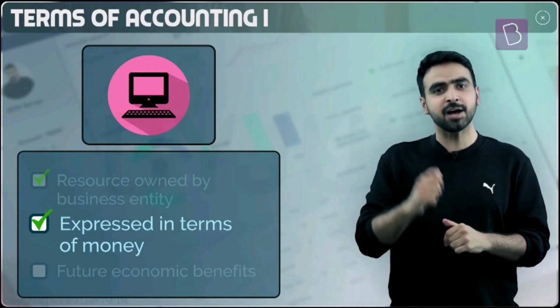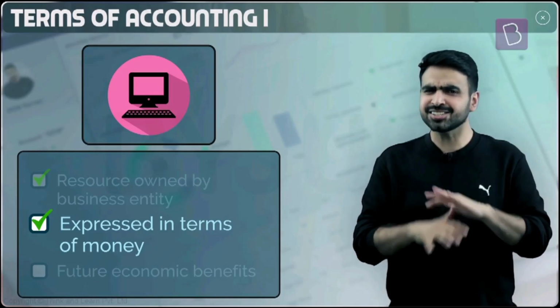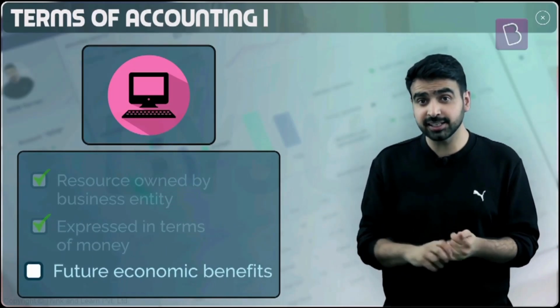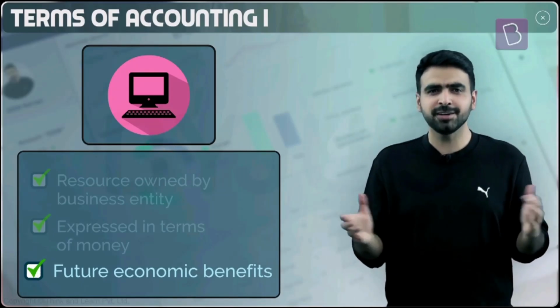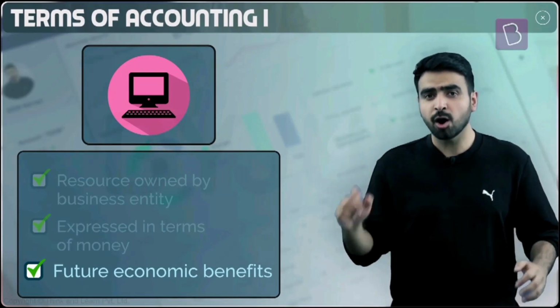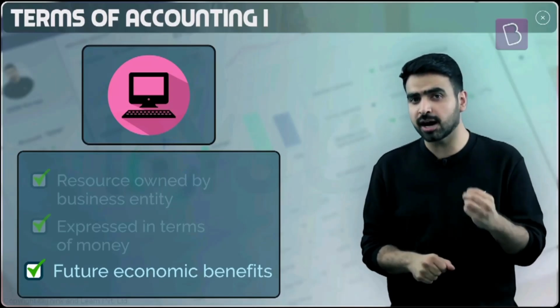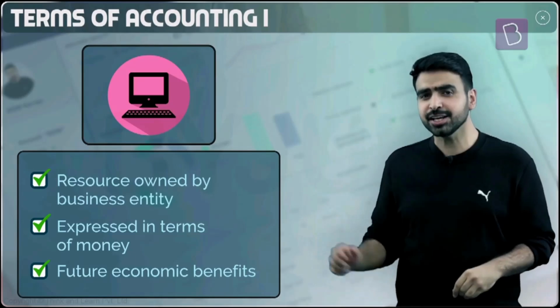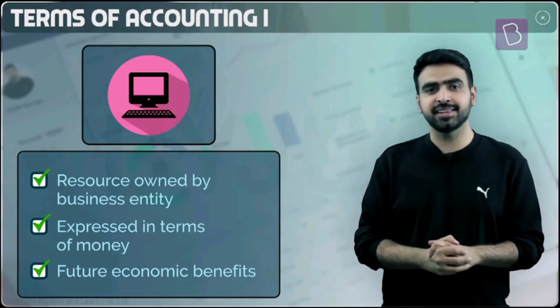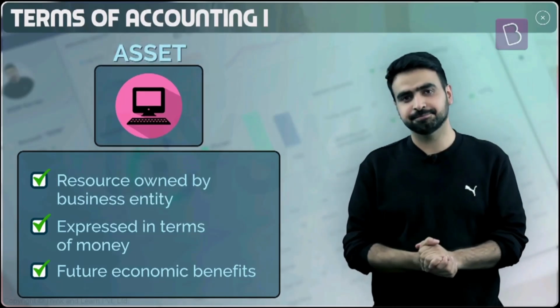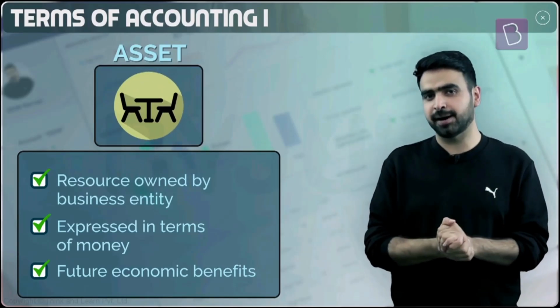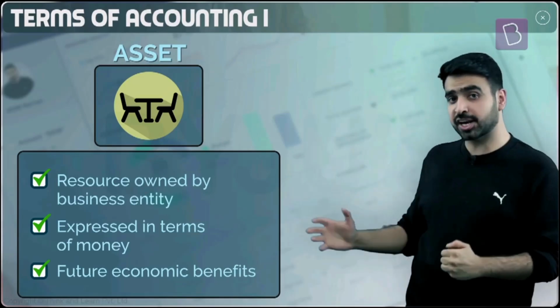Rohit paid 15,000 rupees to buy it, so it can certainly be expressed in terms of money. Does it give any future benefits? Obviously, it will help in billing all the customers who would come and enjoy sandwiches. So computer ticks all these checkboxes and therefore it is an asset. Similarly, furniture is an asset for Yummy Bites since it ticks all these checkboxes.